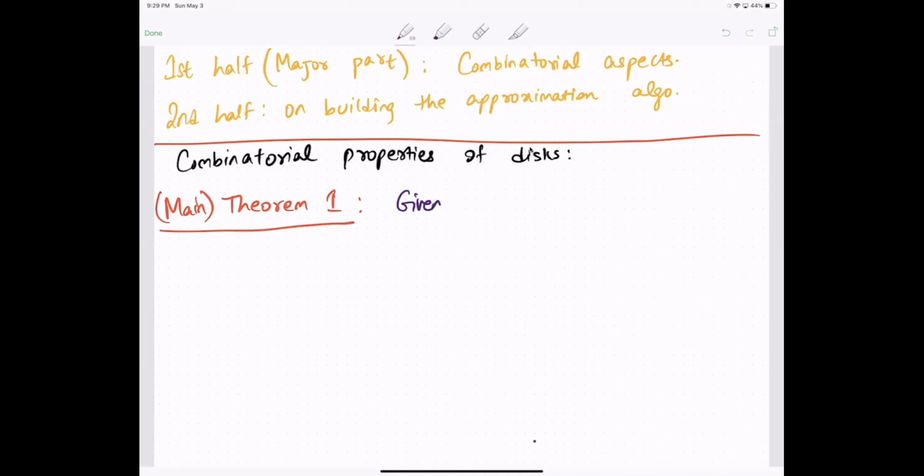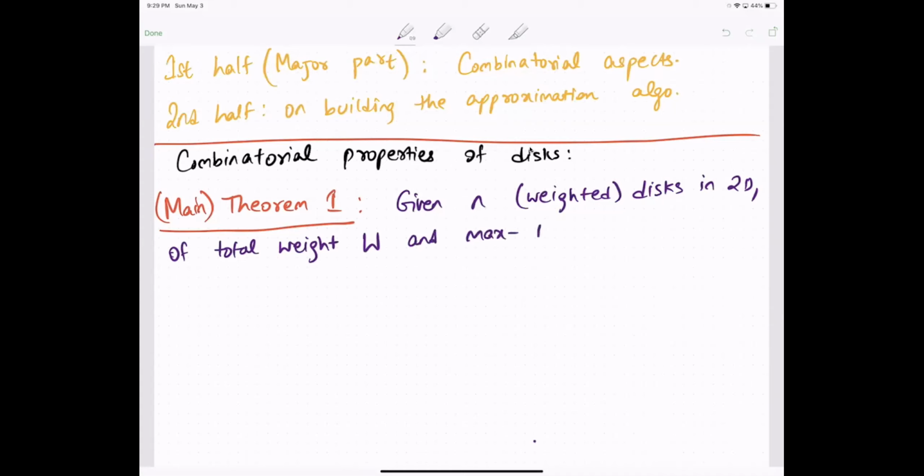Given n disks, and we'll look at both weighted and unweighted cases, in 2D, of total weight W, which means you add up the weights of all the disks, that will be W, and max depth less than or equal to k.